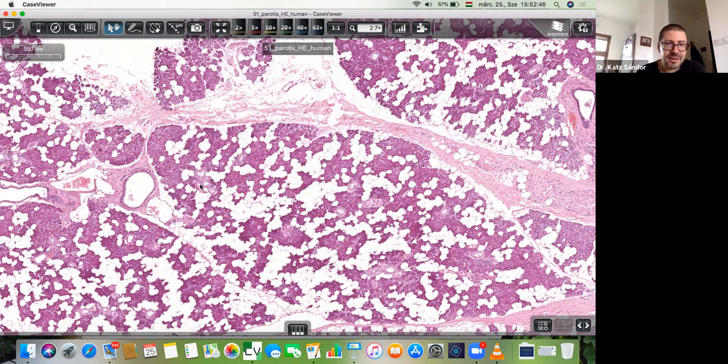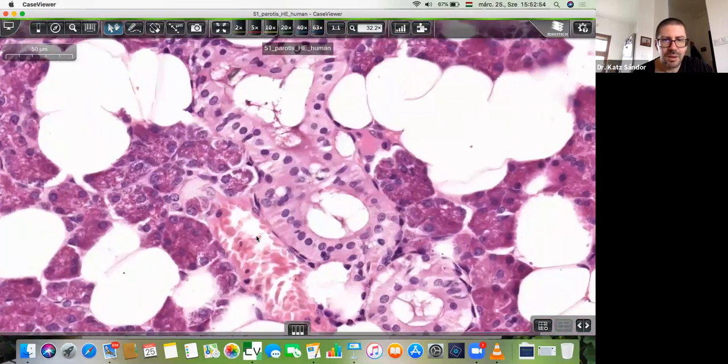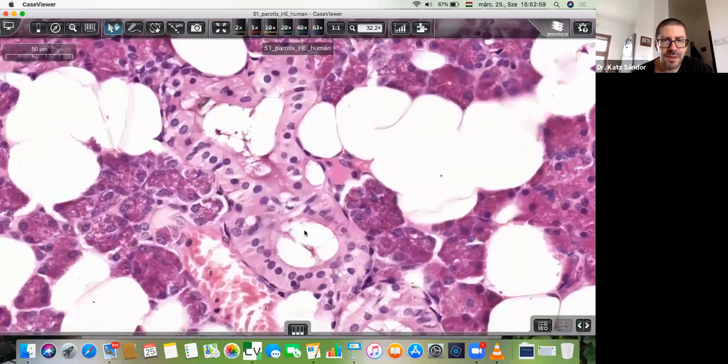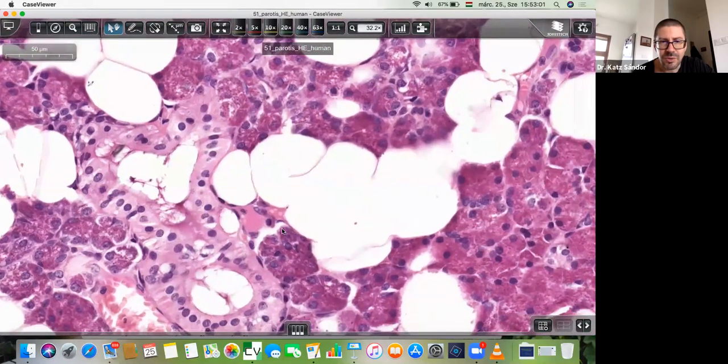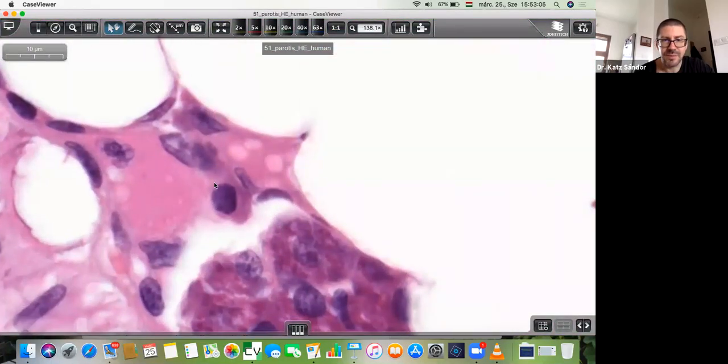And definitely, I haven't mentioned the plasma cells, but we have plasma cells here as well, among the acini and close to the ducts here.